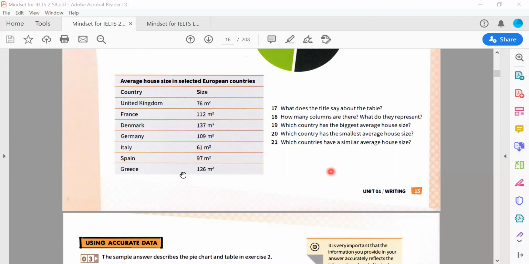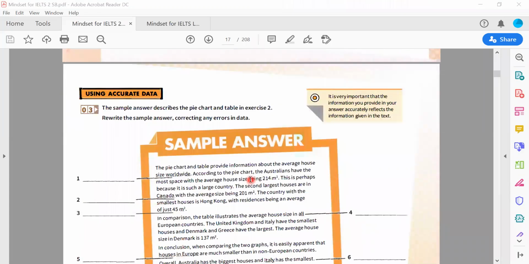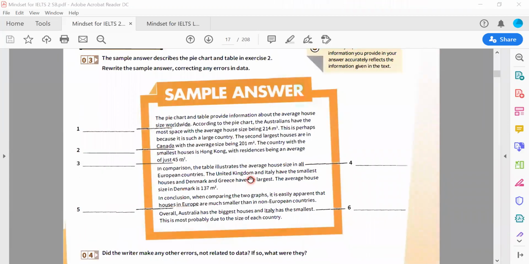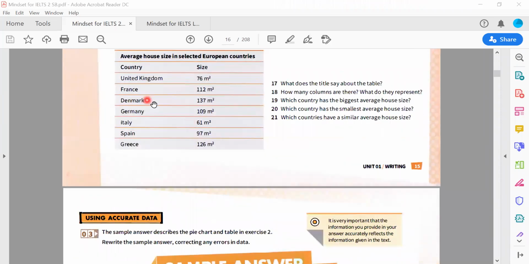Countries, and they represent the size of houses in each country per square meter. Yeah, exactly. Thank you. They are the sizes of houses, the average size of houses in each country.